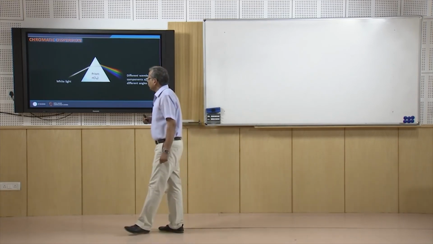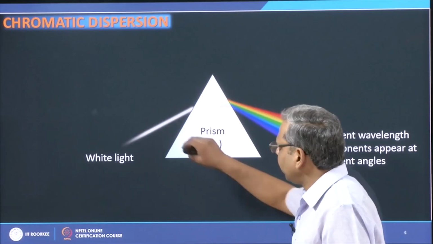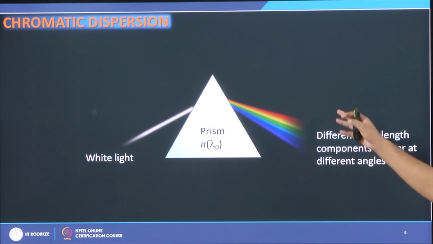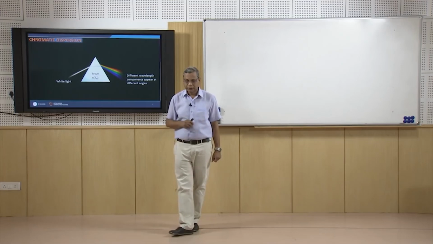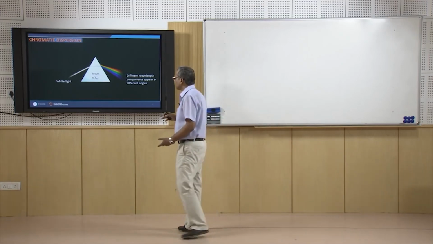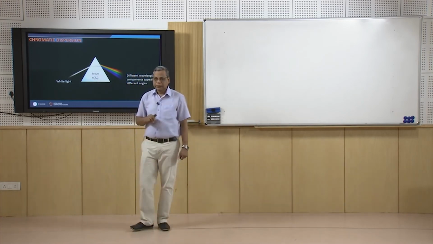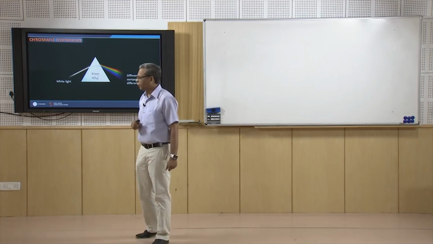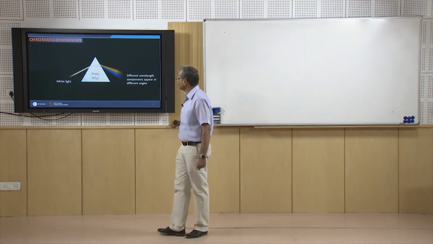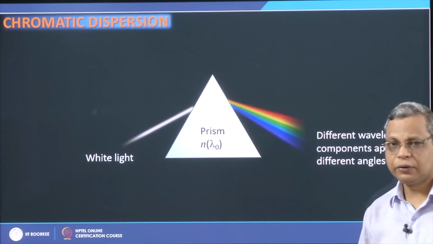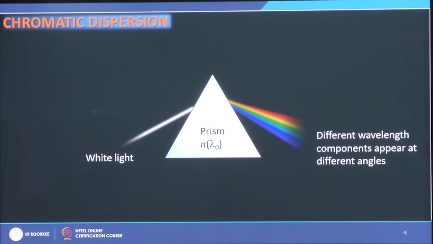I know that if I launch a beam of white light into a prism, then I see various colors appearing at various angles, and this is purely due to the wavelength dependence of refractive index of the material of the prism, and the geometry of the prism enables these different colors coming out at different angles. This is known as chromatic dispersion.